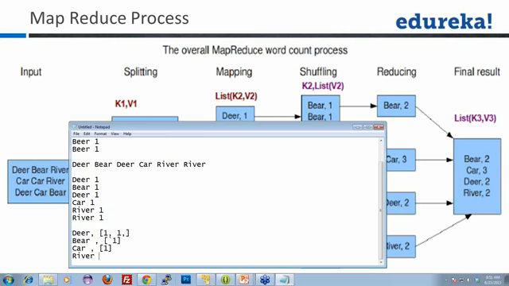And river: 1 1. So basically the next step after shuffling and sorting, I get something like this. So what is this? This is a key and then a list of values.